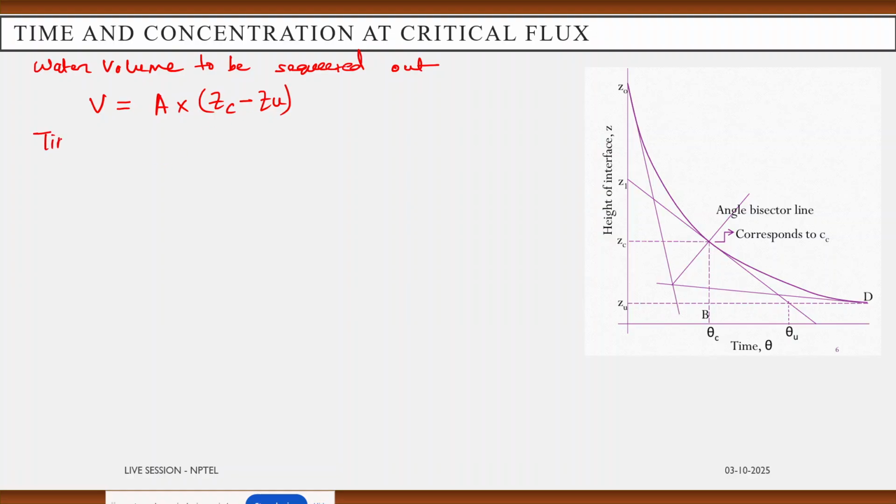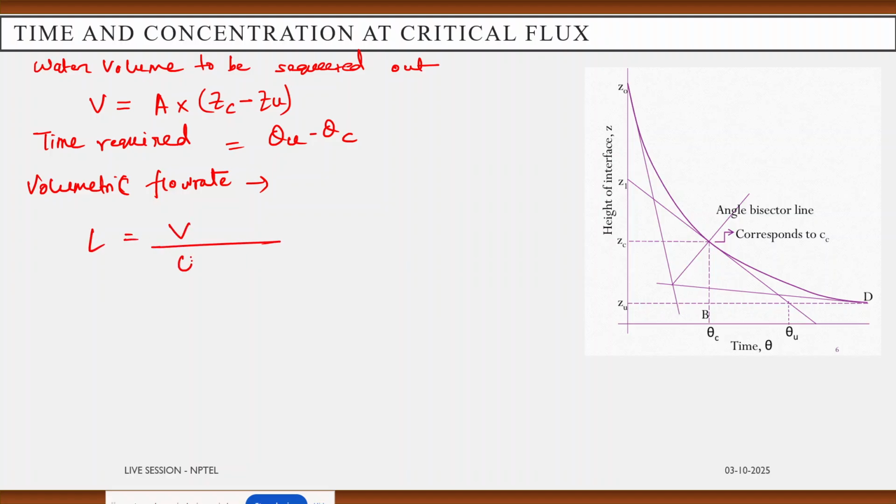And what will be the time requirement? Theta U minus theta C. So from there we need to understand what is the volumetric flow rate. That is L equals V by theta U minus theta C.